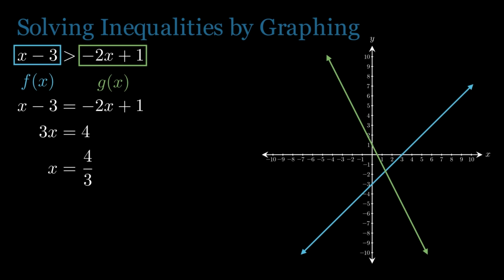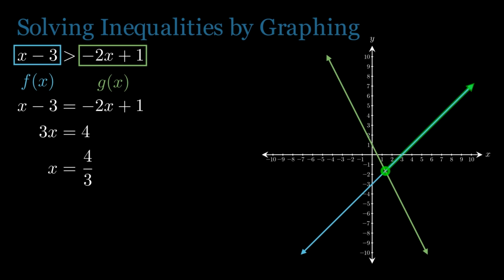So as you can see, that x-coordinate is 4/3, and we highlight our intersection point first to acknowledge which part of the blue line is above the green line.